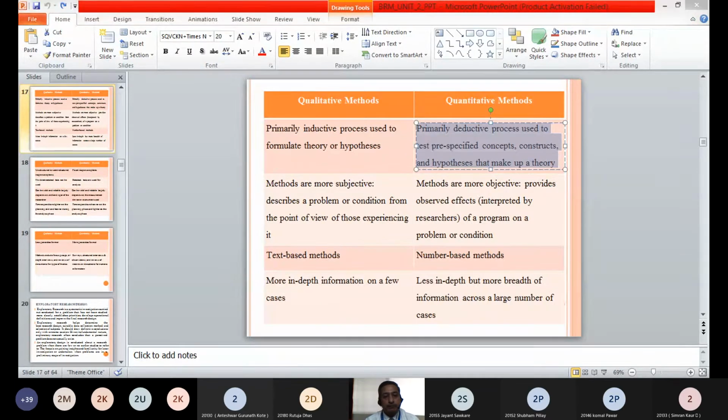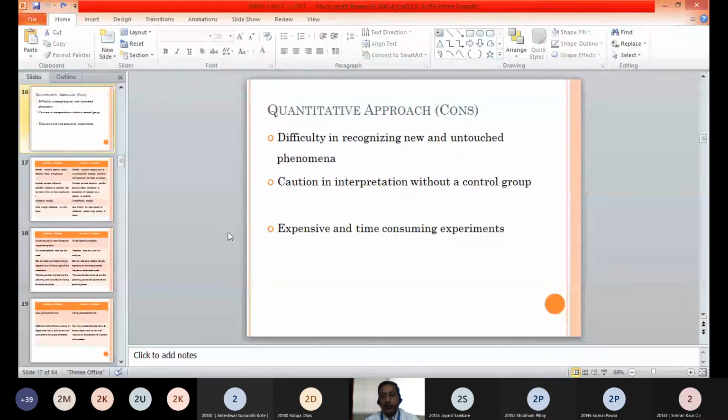Getting now? Yes, sir. So if you have understood, just let me check whether you have understood or not. Can anybody tell me what you have understood? Anybody take initiative? Anybody? Shubham, Vinod, Jayant, Pallavi, Simran, Rutuja, Komal.